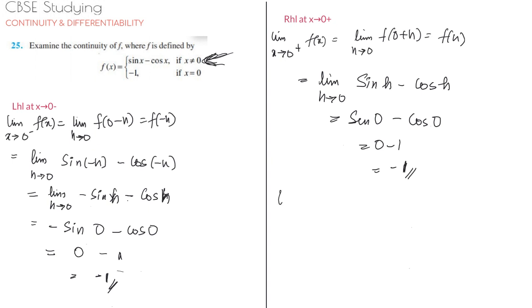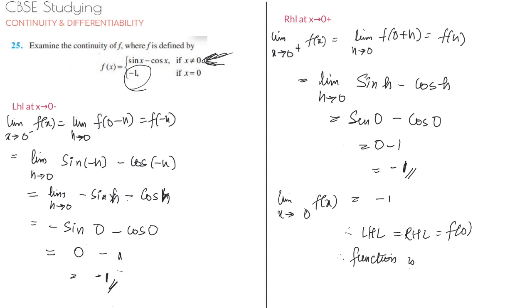And then we already know that limit x tends to 0 f of x, the value given to us, is minus 1. Therefore, we can say that LHL is equal to RHL is equal to f of 0. Therefore, the function is continuous.